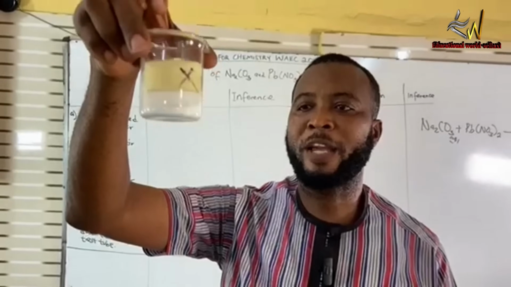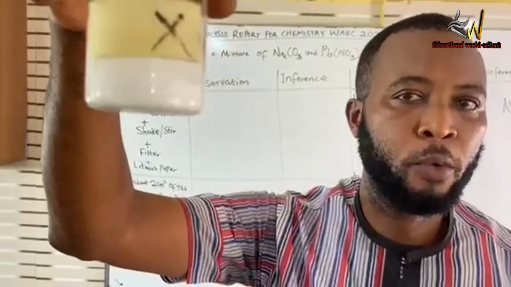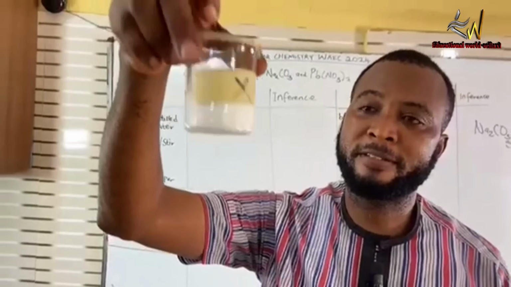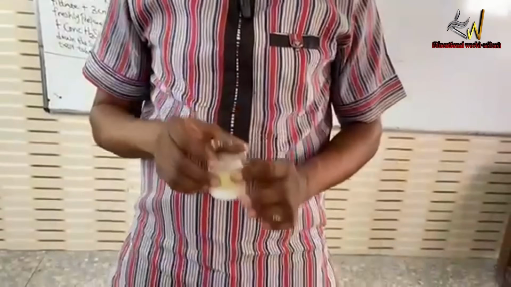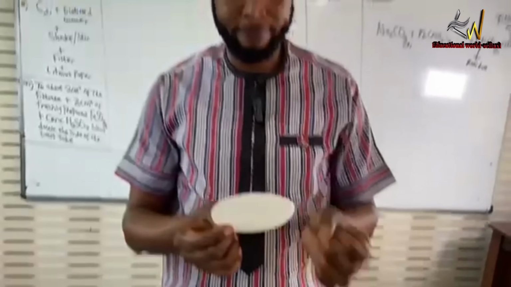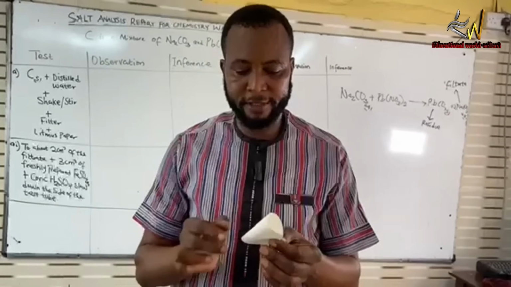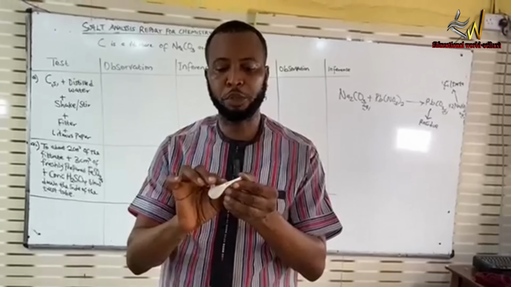As you can see, this is a white precipitate mixed with the soluble salt. The white precipitate will be lead carbonate and the soluble salt will be sodium nitrate. Then I will filter. This is my filter paper which does the filtration. I'll fold it in half, then fold it into a cone shape.